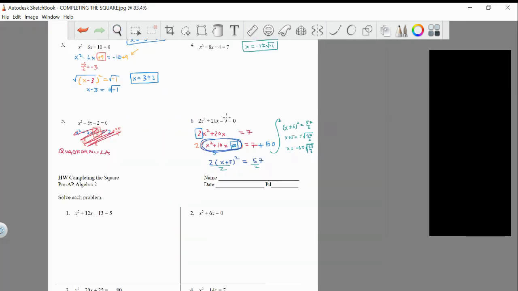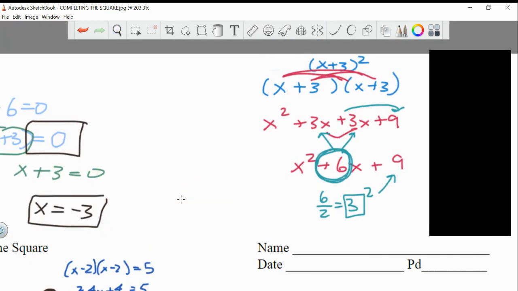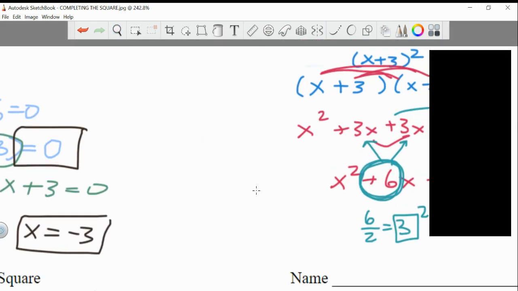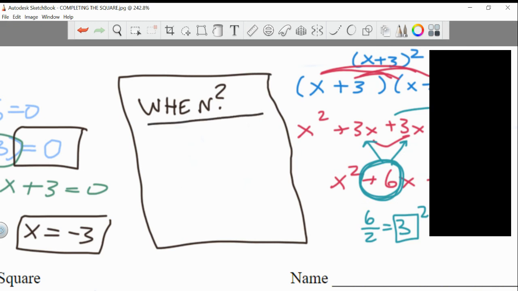So here's my rules for completing the square. This is the last thing we're going to do for the notes. The main idea of completing the square, I'm not sure where necessarily you want to write this, is when. Like, when should you do completing the square? Because you don't want to do it every time, and you also don't want to force it to happen.